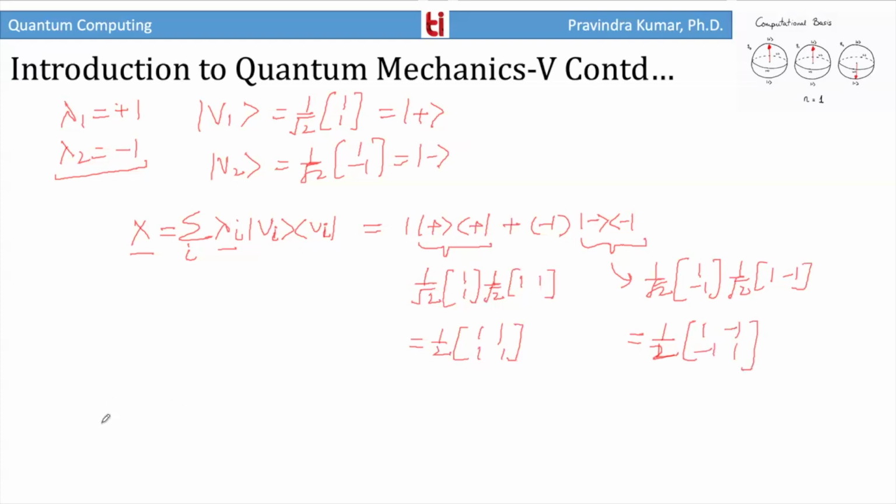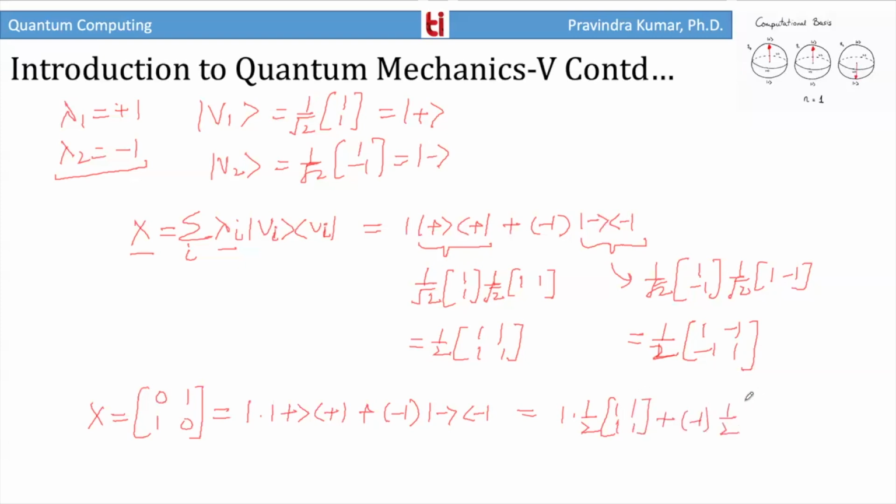So the Pauli X matrix, which is 0 1 1 0, in spectral decomposition can be written as eigenvalue 1 into the projector of eigenvector plus, plus eigenvalue minus 1 into the projector of eigenvector minus, or I can write it as 1 into 1 by 2 the matrix 1 1 1 1, plus minus 1 times 1 by 2 the matrix 1 minus 1 minus 1 1.